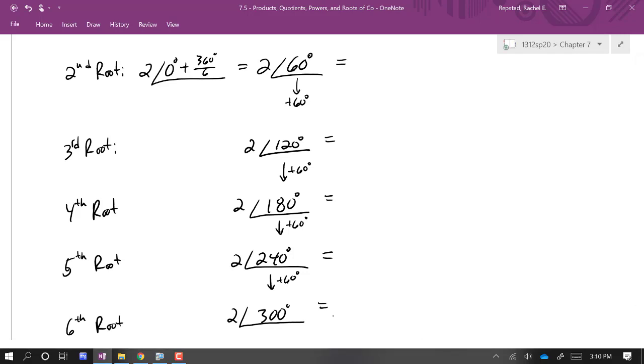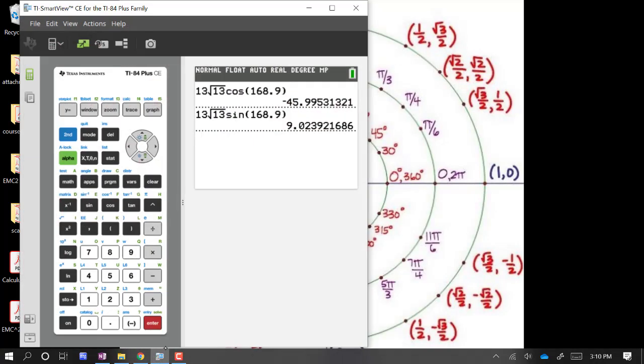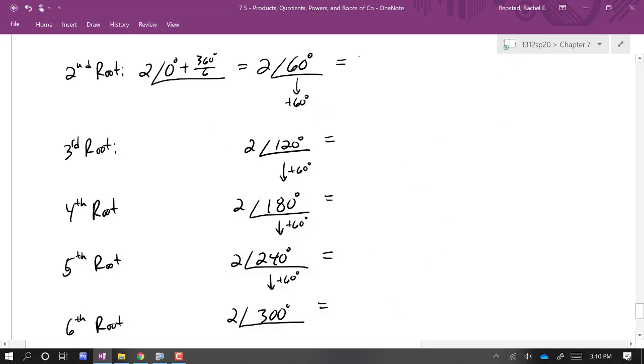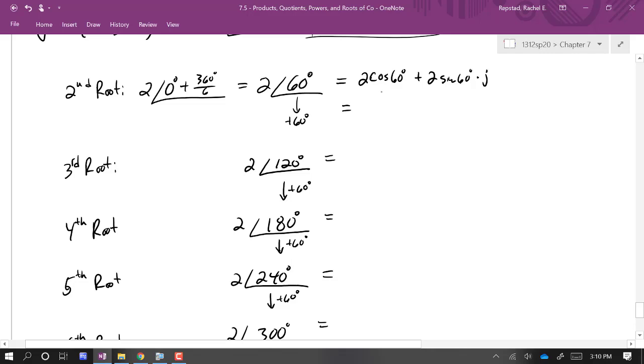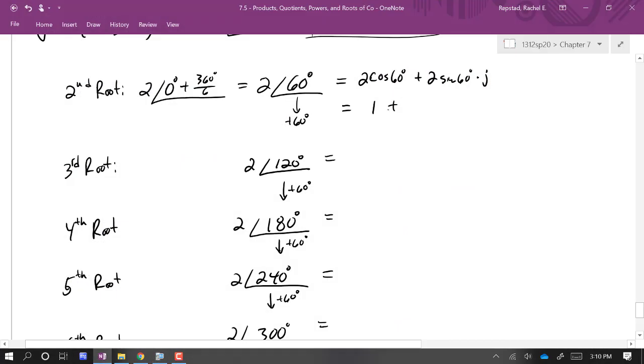So 2 times cosine 60, let's see, cosine of 60 is a convenient number, cosine of 60 is a half, so 2 times half is 1, plus sine of 60 is root 3 over 2, and I'm going to multiply that by 2 as well to get root 3.